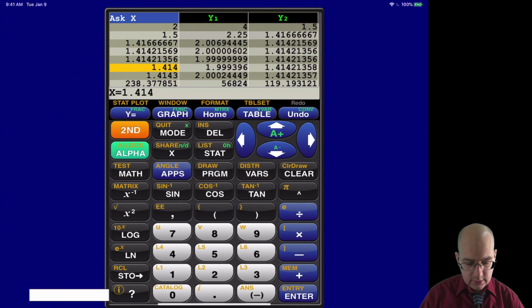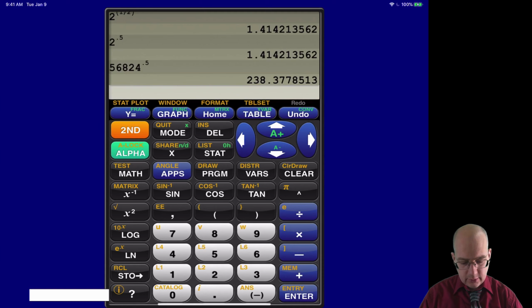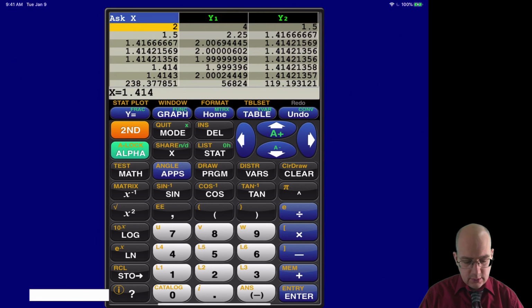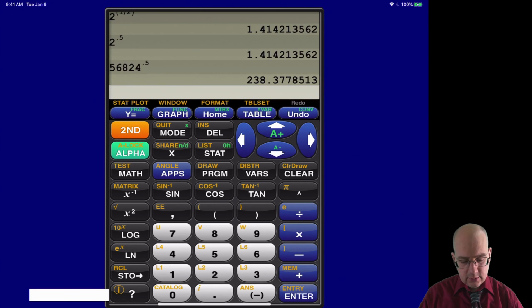And basically, you're done at that point, right? Kind of flat lines. And if we go back to our home, 1.41421356 versus 1.41421356. I guess I'm missing a digit.